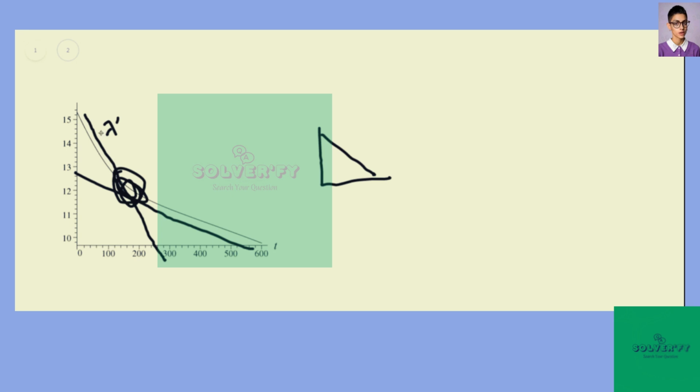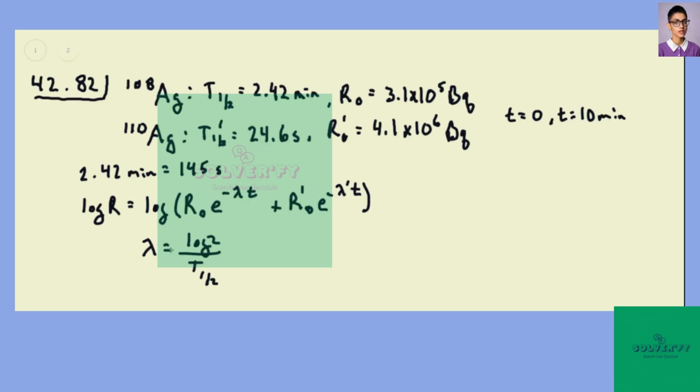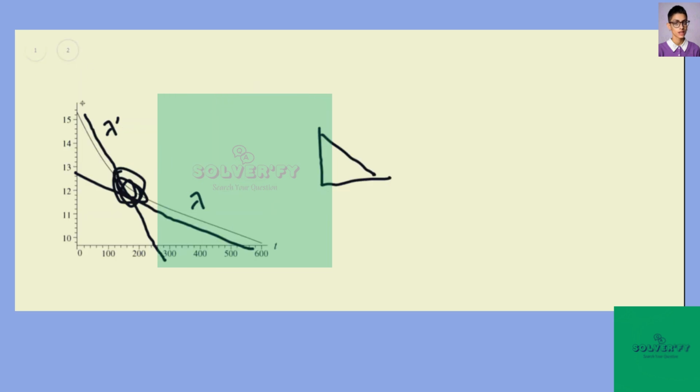So the slope here is going to be lambda prime, and then the slope out here is going to be lambda. And in this case, since you actually have the function you're plotting, you could also plot these lines, one with the slope of lambda prime and one with the slope of lambda, and you would find that this is the case.